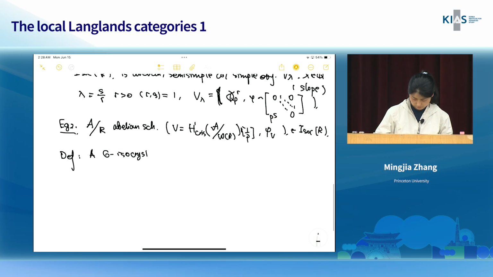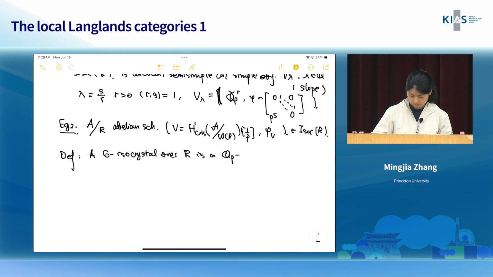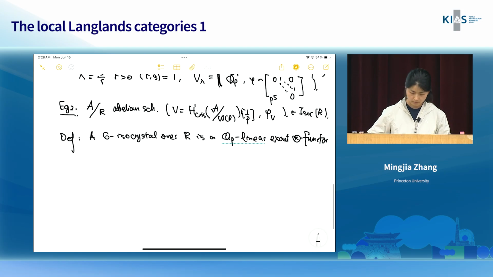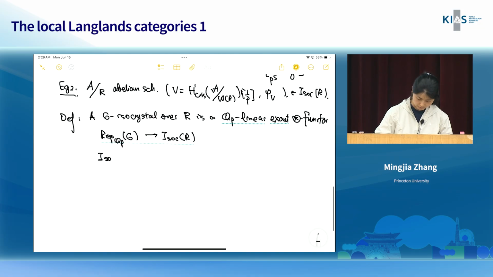So then an isocrystal with G structure, or a G isocrystal over R, is defined using Tannakian formalism, namely this is a Q_p linear exact tensor functor from the category of finite dimensional algebraic representations of G on Q_p vector spaces to Isoc of R. And I will use the notation Isoc_G of R for the groupoid of G isocrystals.